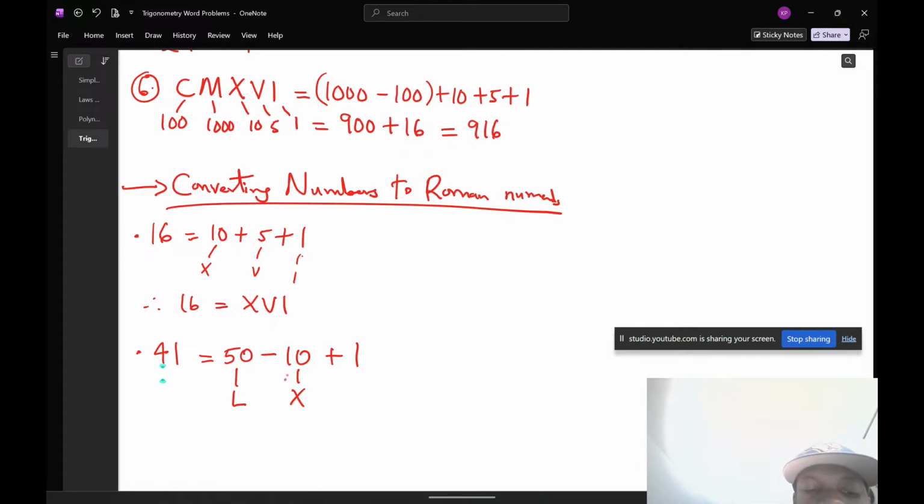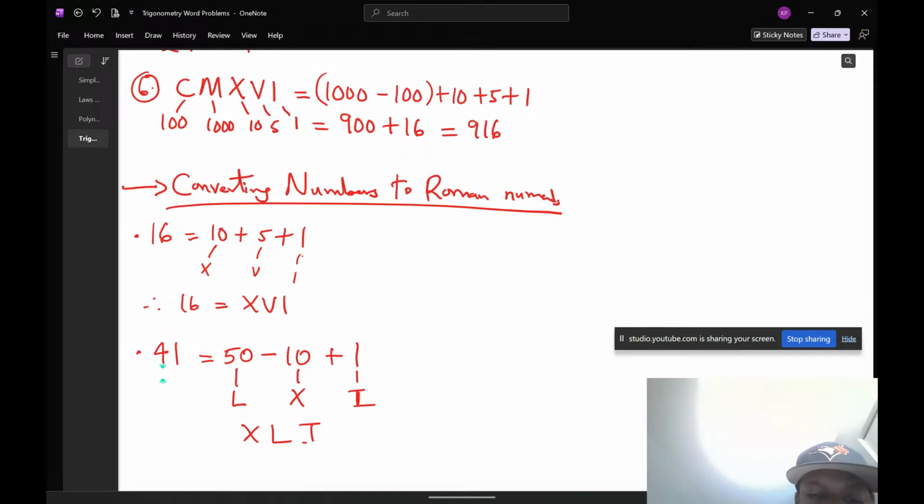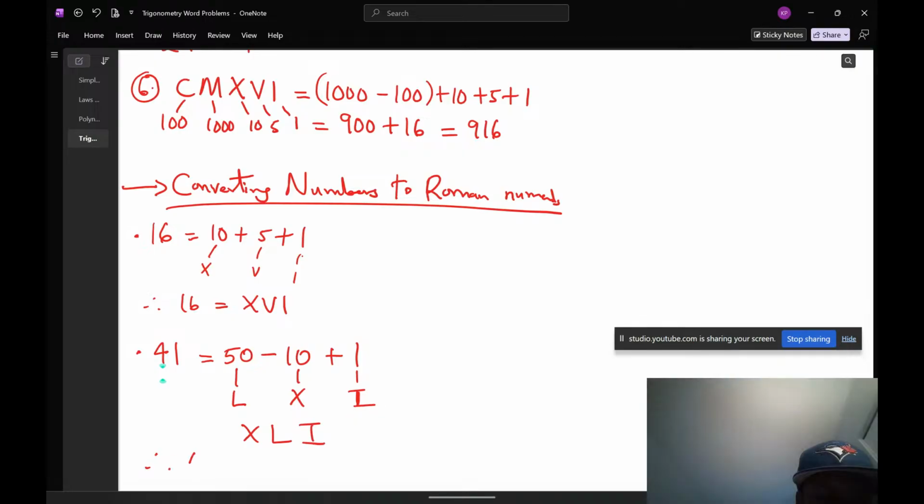So in this case, since 10 is the smaller Roman numeral, it will be written as XL. And we know that 1 is I, sorry, my bad. Okay? So therefore, we'll say that 41 is XLI.